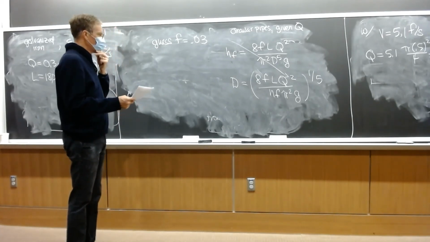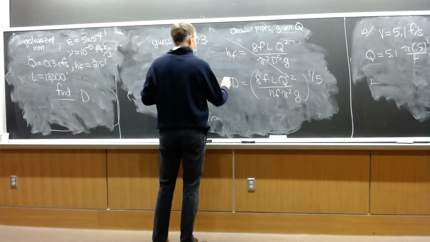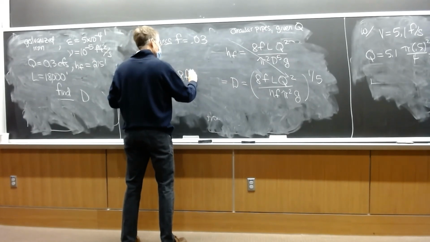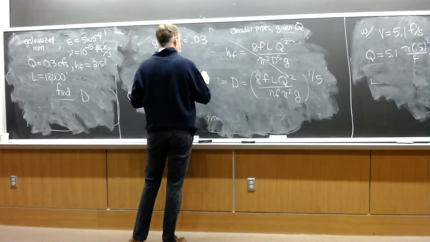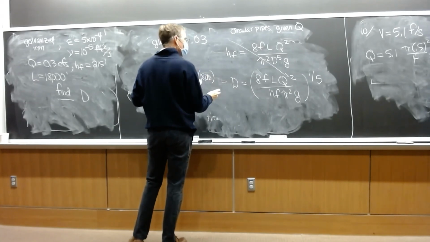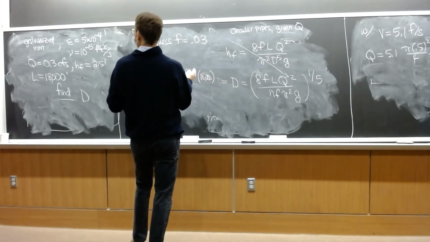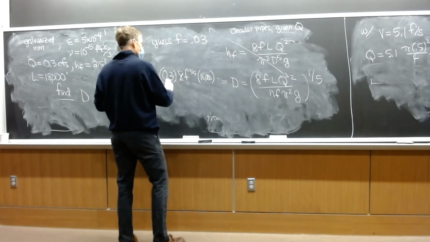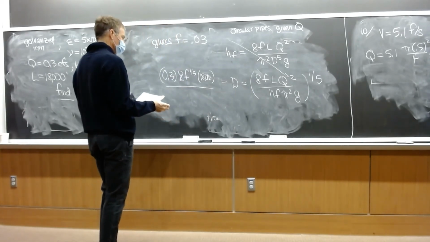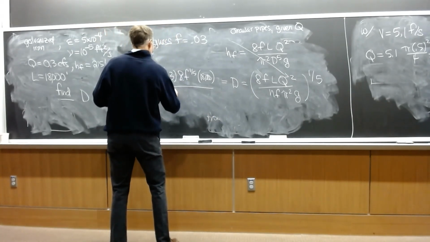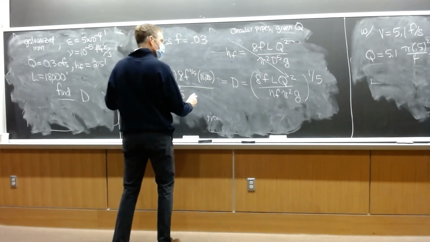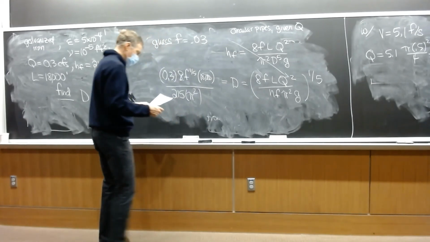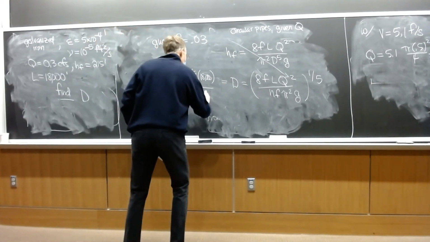All right, and if you then put in the values, and it's 0.3. Careful with the G, I messed that up before.